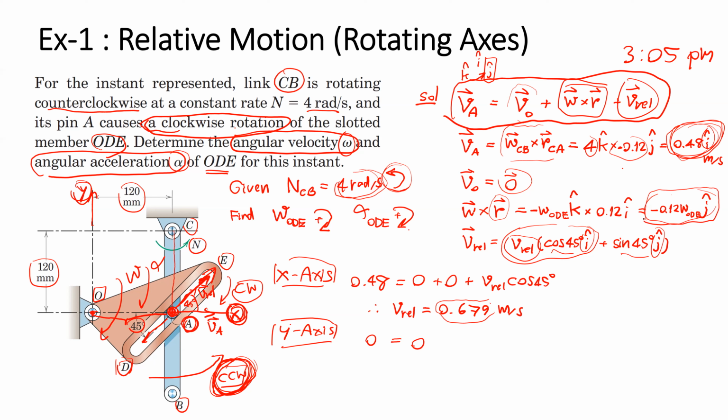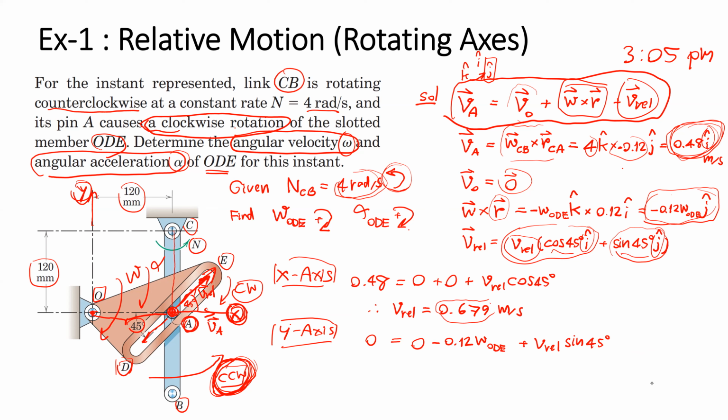Omega cross R is minus 0.12 omega ODE. That is still unknown and has the negative J direction. The last term is V relative multiplied by sine 45 degree in the positive J direction.